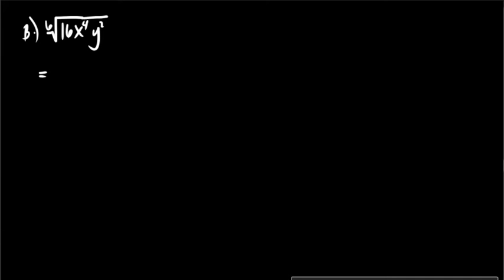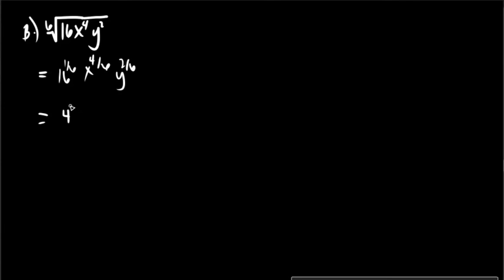Alright, now let's encounter rule number 2. So now we're gonna simplify this radical. In order to simplify this radical, what we need to do is look at each element carefully. So 16 to the 1 over 6, x to the 4 over 6, and y to the 2 over 6. Now we know that 16 is just 4 squared, right?